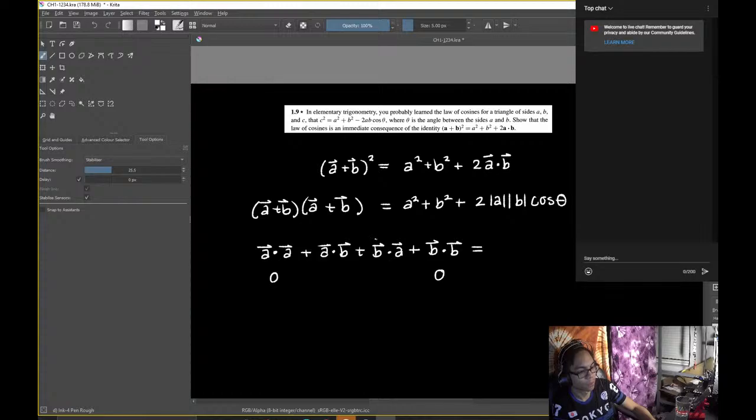That's okay. AB and BA. Am I doing this right? I don't think I'm doing this right. Minus 2AB. What does it mean to square a vector?